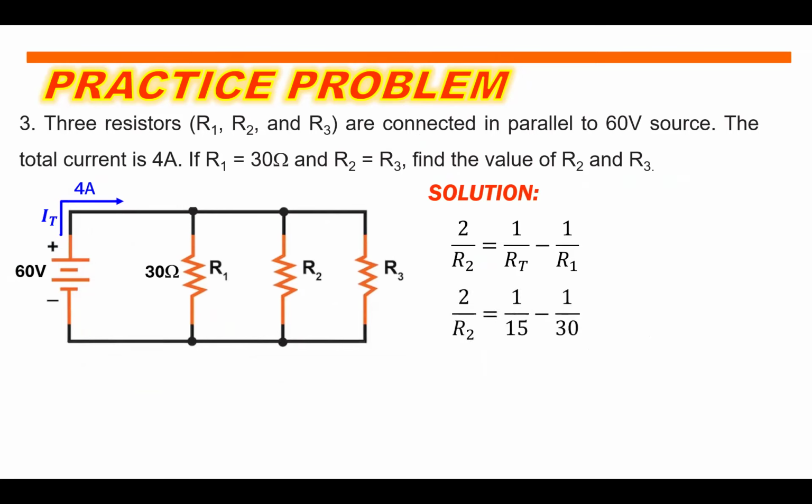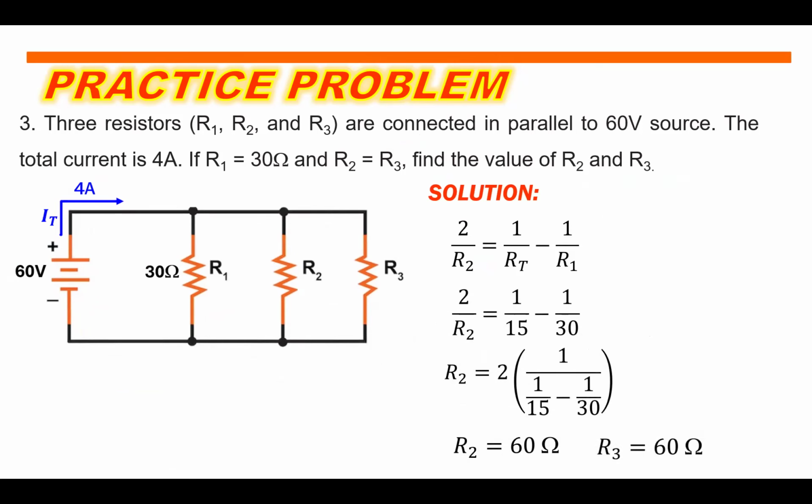So 2 over R sub 2 is equal to 1 over 15 minus 1 over 30. Simplifying for the value of R sub 2, R sub 2 is simply 60 ohms. Since R sub 2 is equal to the value of R sub 3, therefore R sub 3 is also 60 ohms.